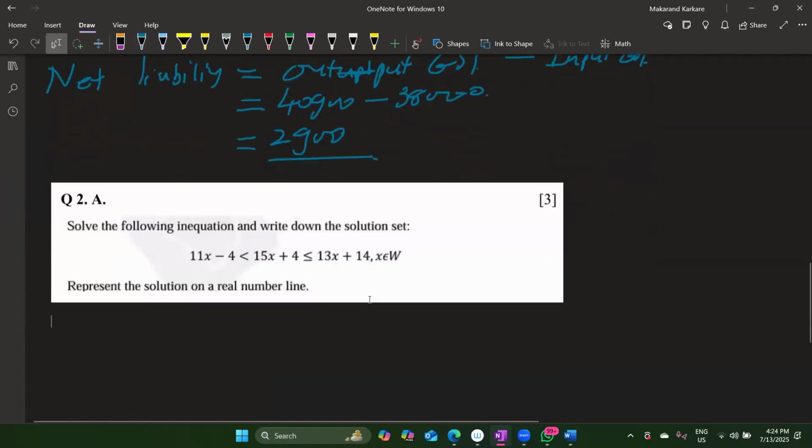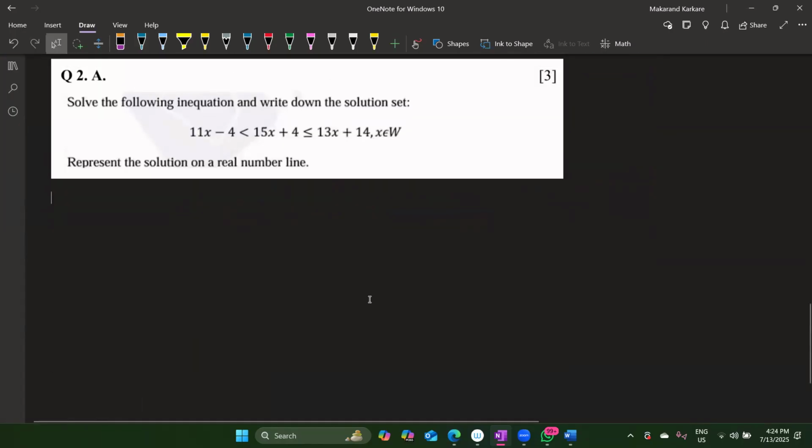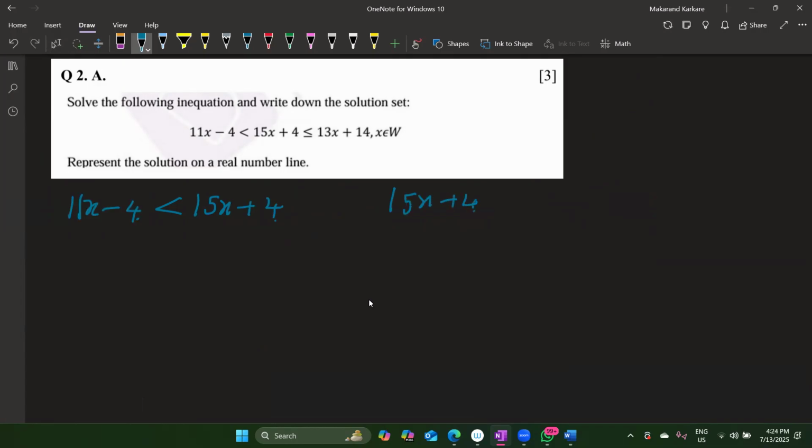So the way to go about this, solve this first. So you get 11x minus 4 is less than 15x plus 4. And 15x plus 4 is less than or equal to 13x plus 14. So here if I do take it this way, this is going to be minus 4x is less than 8, right?